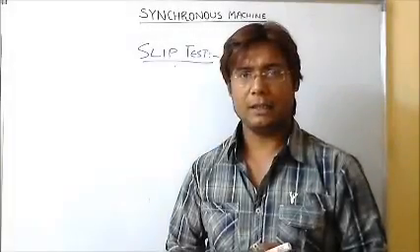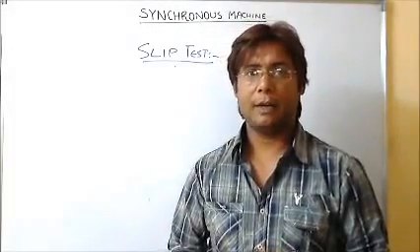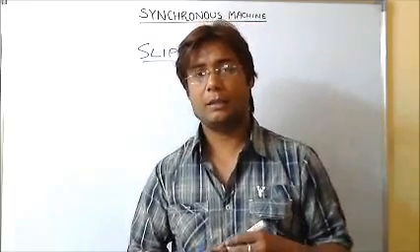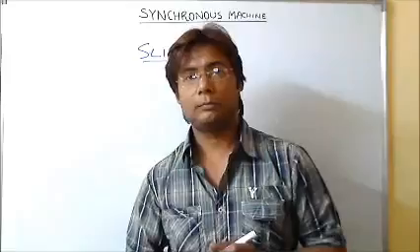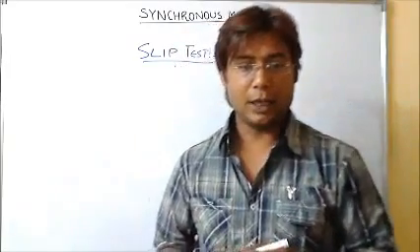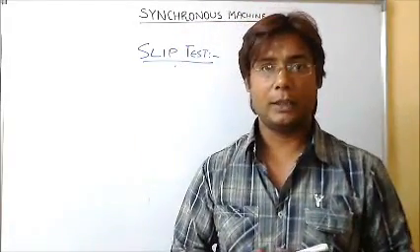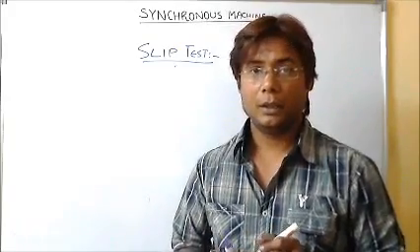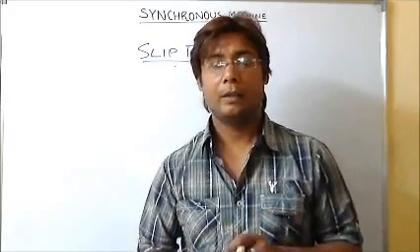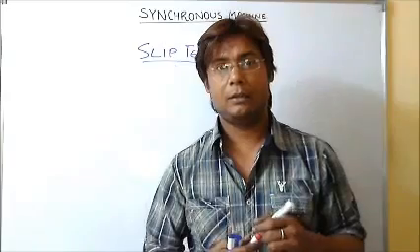As I said, we will be finding the XD and XQ, and we know that XD and XQ will be different for the non-salient type of machine, which is also called the dumbbell rotor, that is non-salient pole.